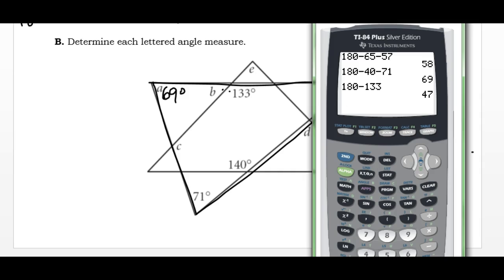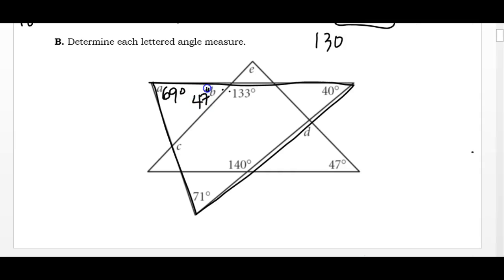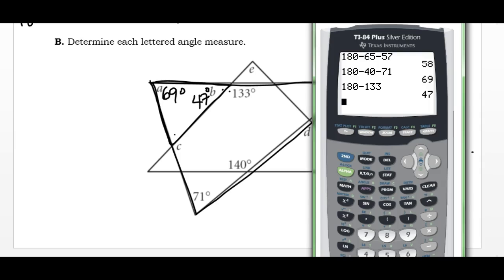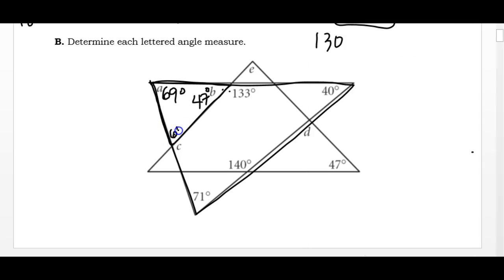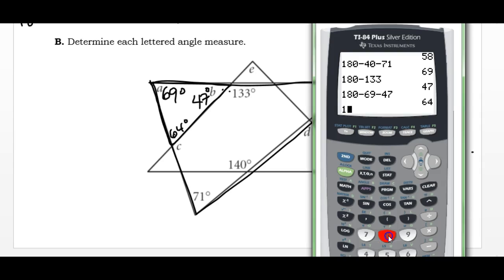That is 47 degrees for angle B. I'm going to utilize this little triangle right here to help me find the answer for letter C. If I can find that angle in the triangle, that will be linear with letter C. So let's go 180 minus my answer for A and my answer for B, which gives me 64 degrees. 64 degrees fits in this triangle, so we'll do 180 minus 64. That tells me angle C is 116 degrees.